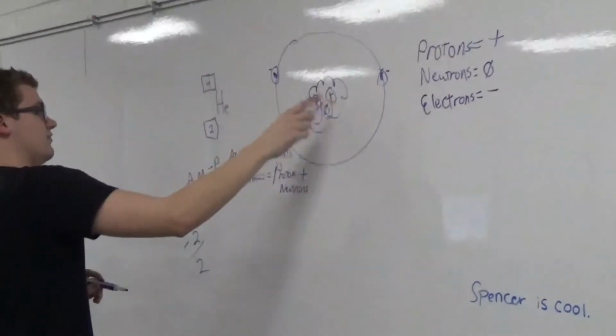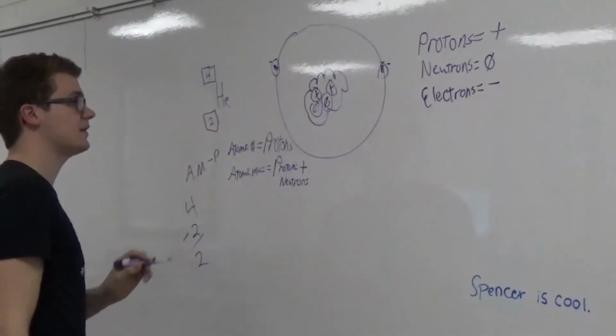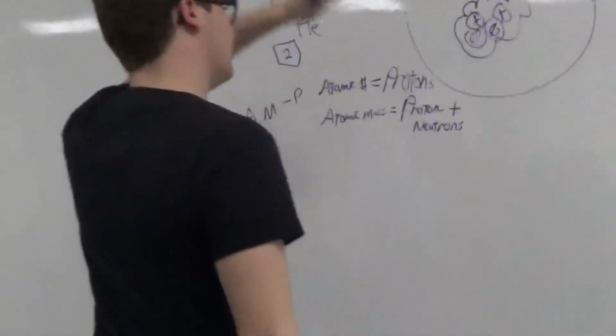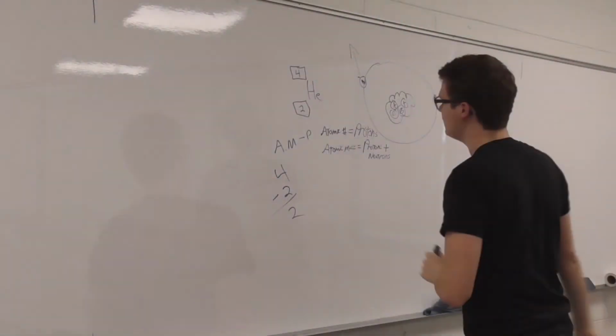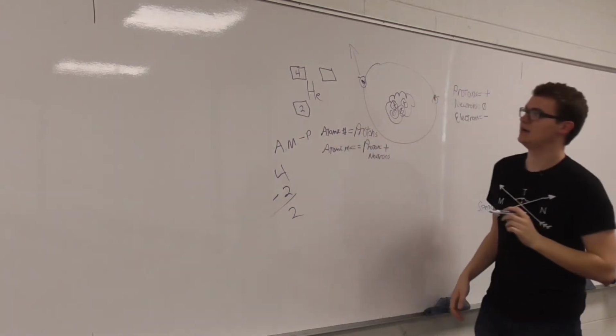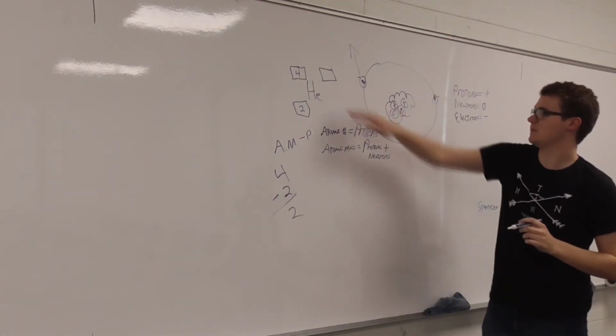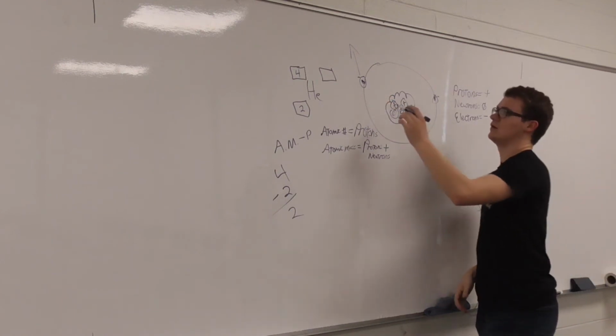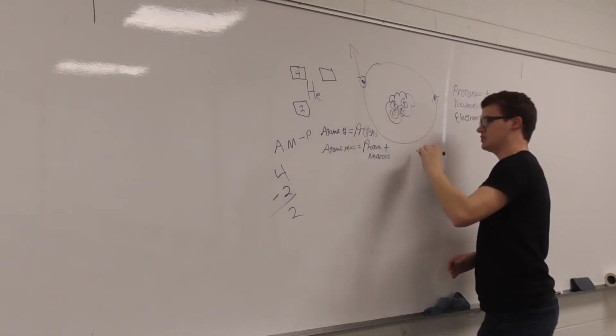If I were to have an uneven number of electrons to protons, I'm creating something called an ion. If I were to lose one of these electrons, it floats off into space, that would be denoted right here, that we have an uneven number. And you would put up here the difference between protons and electrons. What does that mean? We have 2 protons in here right now.